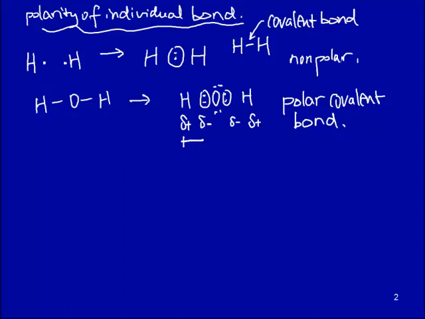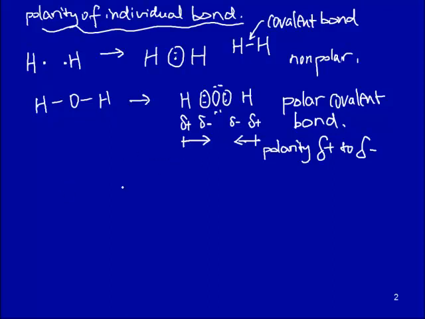You always draw an arrow pointing from the positive towards the negative, and this is a kind of polarity. The arrow is from slightly positive to slightly negative, and the size of the arrow will indicate how large the polarity is.